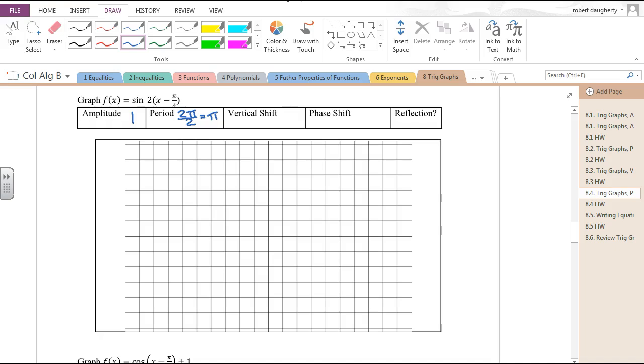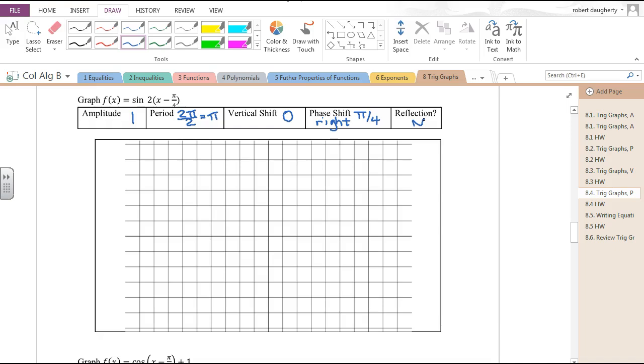Vertical shift. No vertical shift. Okay, good news. It's one less thing to do. Phase shift. It shifts where? Yeah, pi over 4 to the right. So it shifts pi over 4 to the right. Is it reflected about the x-axis? No. Okay. So now I have enough information that I can graph this guy.